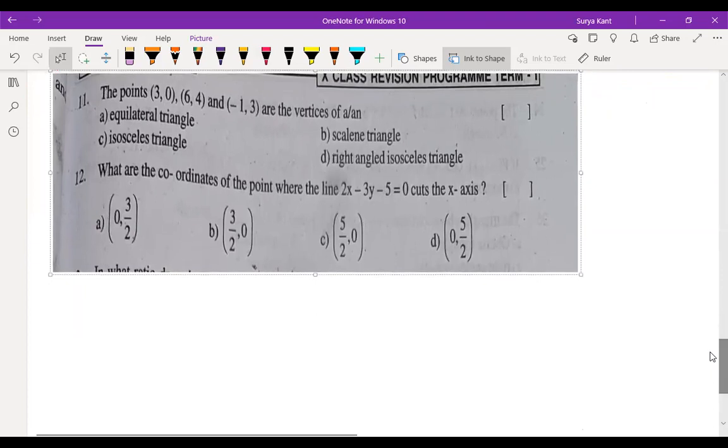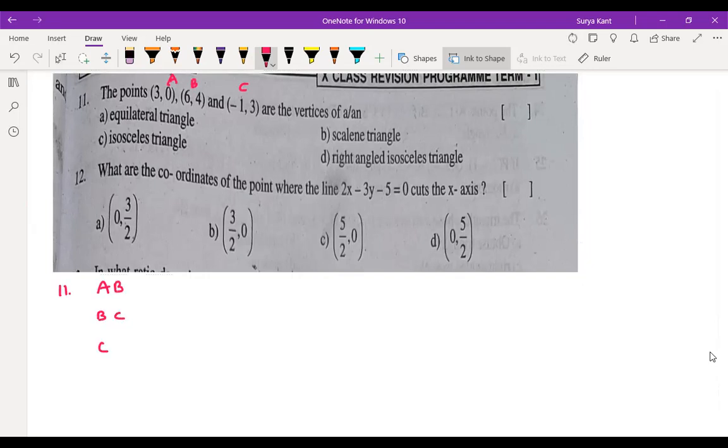The points 3, 0, 6, 4 and -1, 3 are the vertices of an equilateral, scalene, isosceles, or a right angled isosceles triangle. So what you should do is, this is A, this is B, this is C. First of all, you find AB, then you find BC, then you find CA. All of you find and tell me the answer.